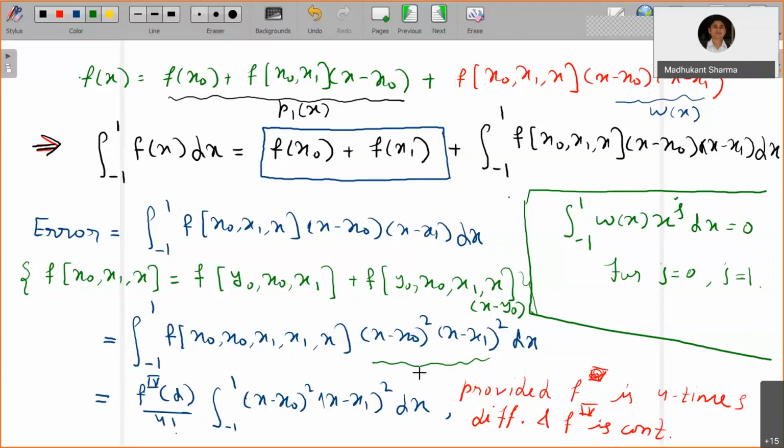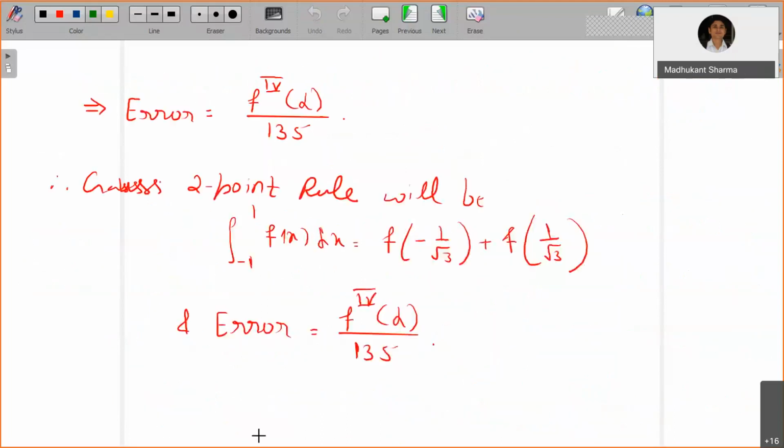This term can now be easily integrated, and you can find the precise error term. After integration, the error is the fourth derivative at t divided by 135.